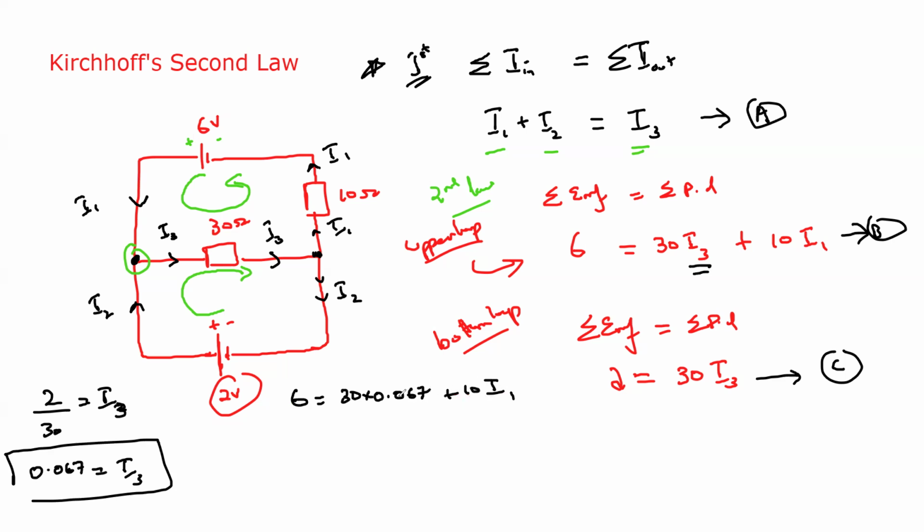When I simplify this, 30 times 0.067 is 2, because here we divided. So this will be 2 plus 10 I1. This will move to the other side. So 6 minus 2, that is 4, is equal to 10 I1. And 4 divided by 10, or 2 by 5.